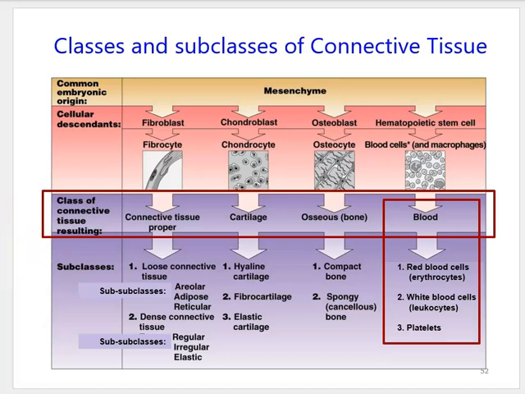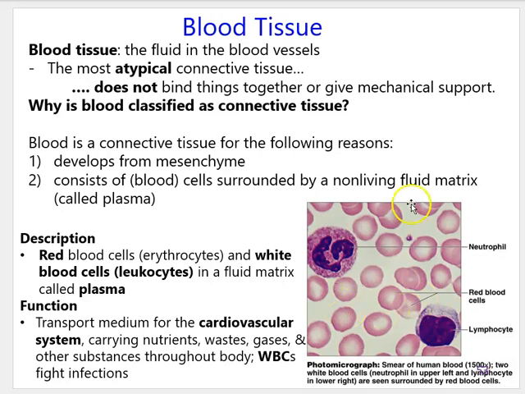And then the last class of connective tissue is blood. There are red blood cells in blood and white blood cells. The white blood cells look purple in histology because their nuclei stain. They're a little bit bigger than red blood cells, and there are different types.